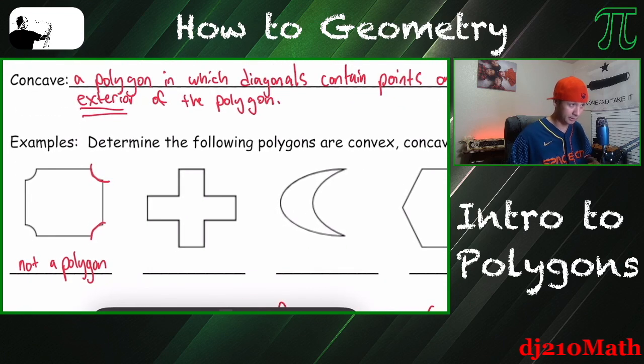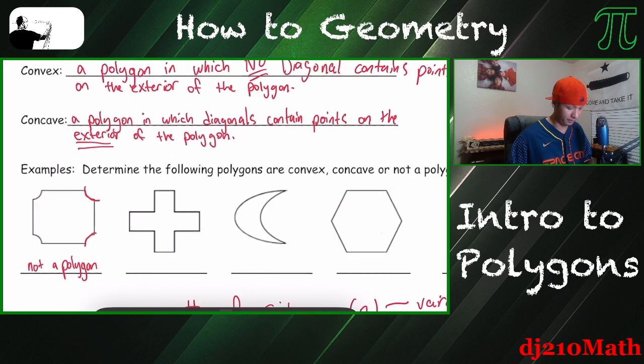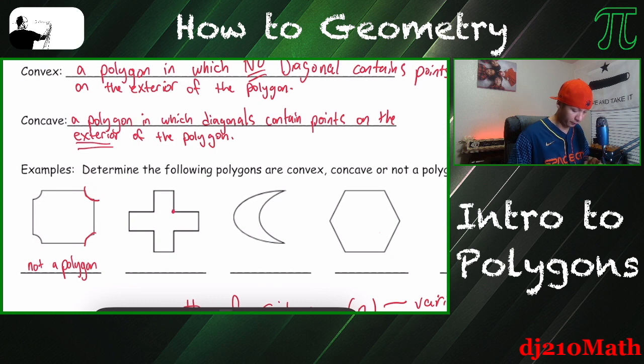So let's consider diagonals, from vertex to vertex. Here's a diagonal. There's multiple diagonals. Here's a diagonal. These are all still on the interior. However, because there's just one diagonal that is outside, we consider this concave.